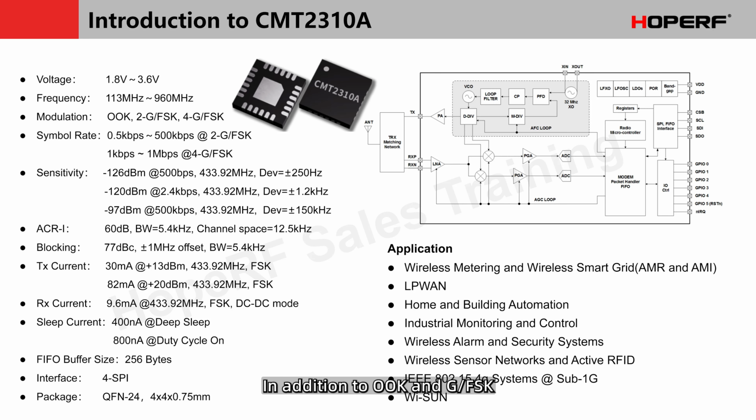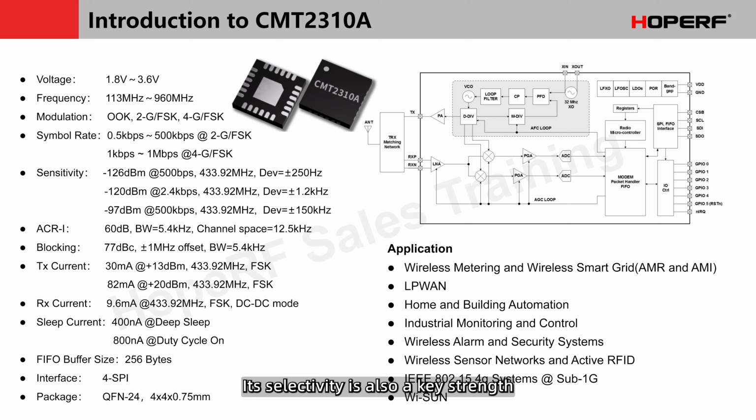In addition to OOK and GFSK, it also supports 4G FSK modulation. Its sensitivity is excellent, especially in low-speed, narrow-band applications. For example, at 500 bps with a 250 kHz deviation, it can achieve minus 126 dBm.